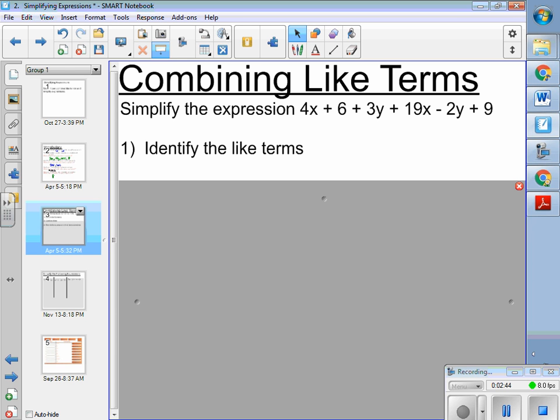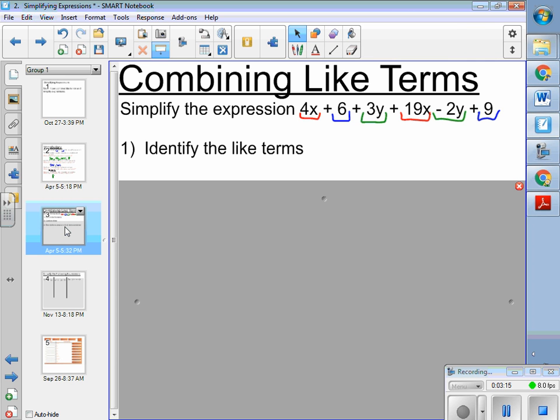I always like to do this in different colors, and in this case, I do my colors that match. 4x and 19x are the same. And 3y minus 2y. The minus goes in front of it because we could rewrite that as plus negative, remember, from our integer unit. And then we've got the 6 and the 9.